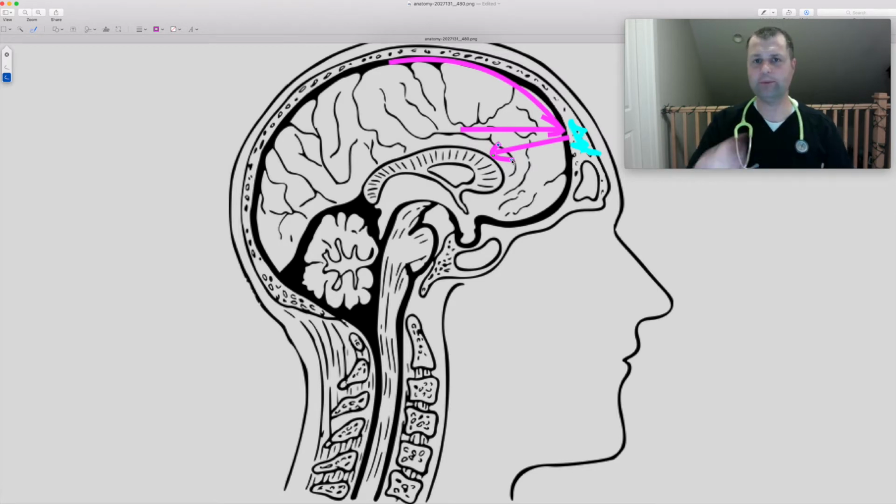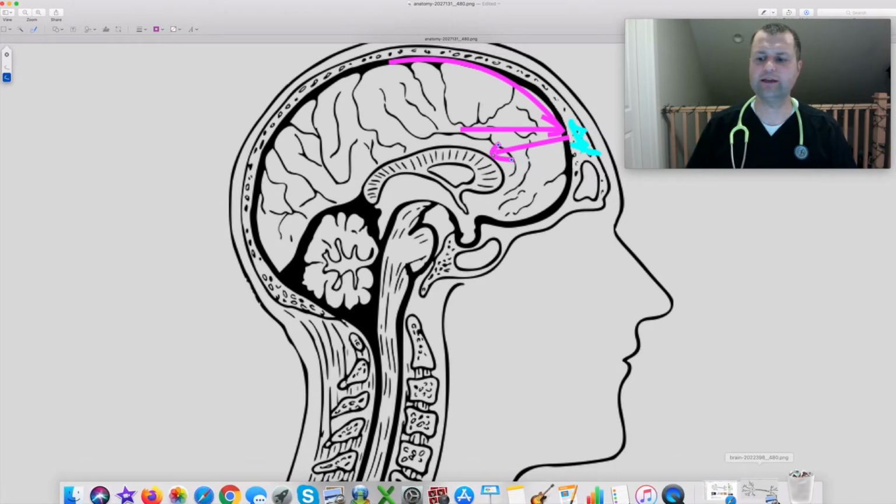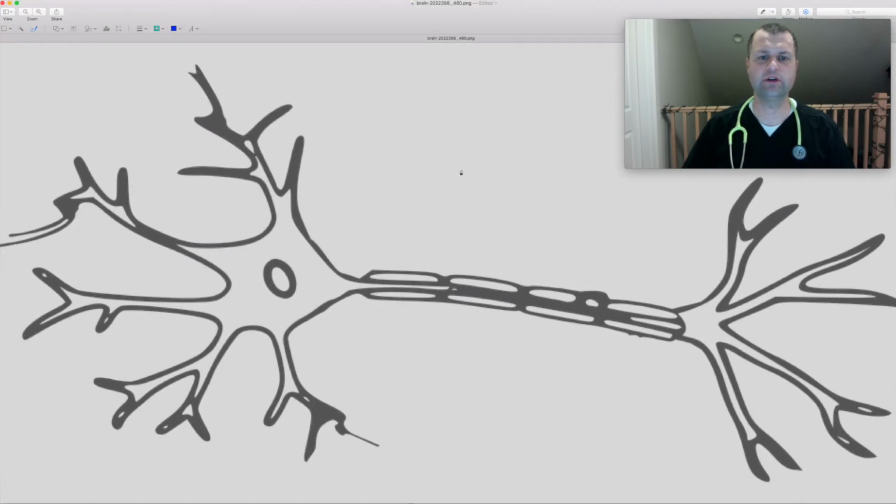So how is damage being done? Well, let's look at this graphic here. This is a picture of a neuron. I also got this off of Pixabay. These are the type of cells that make up our brain. Now, if you don't know what a cell is, I have another video that you can learn about cells. But essentially, this is the cell of our brain, and what these cells do is they communicate.